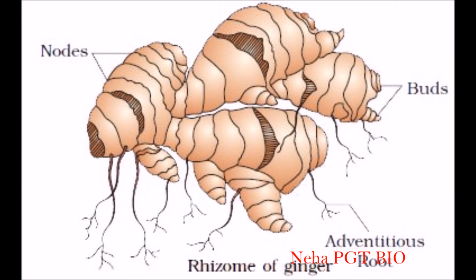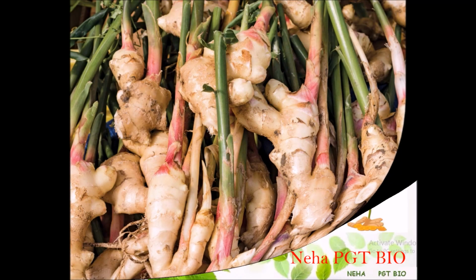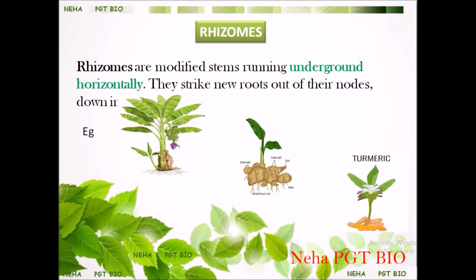This distinct line represents a node, and from this node a new plant comes out of the soil surface. So we can say through rhizome new plants develop.